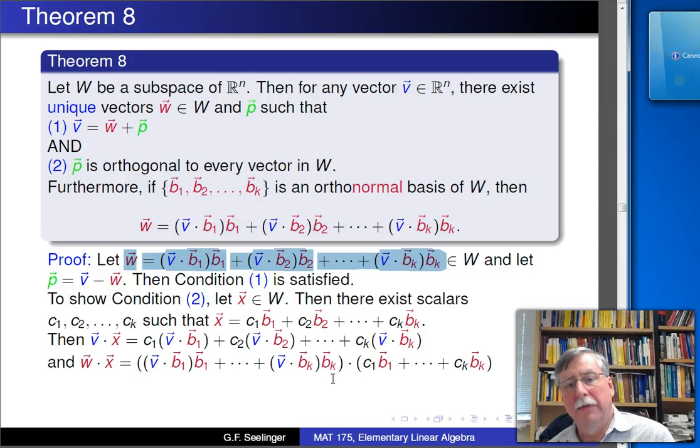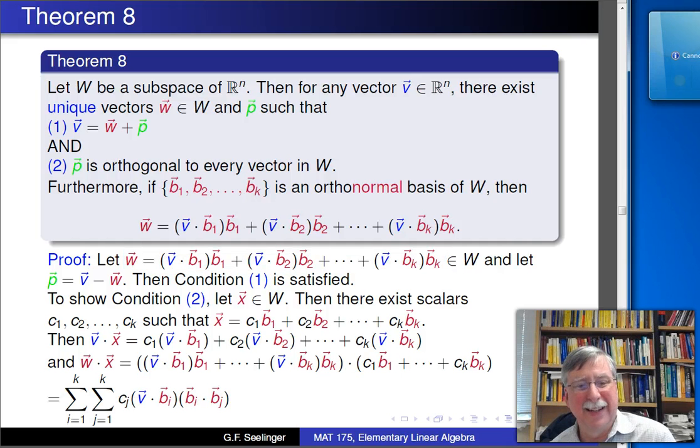Now, this is kind of like multiplying out using the FOIL method, and I can write it in terms of sigma notation. Here are all my coefficients, the c's here multiplied with the coefficients here, and then I have the dot products b1 dot b1, b1 dot b2, and on through that, and that gives me all of these.